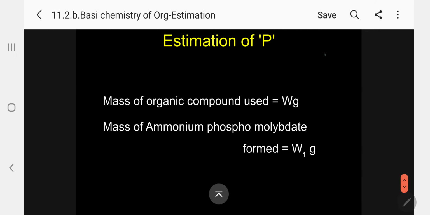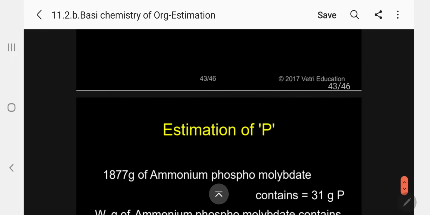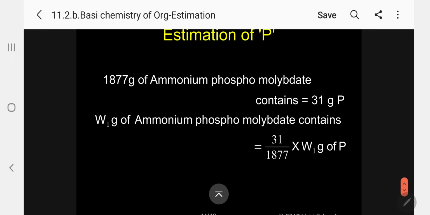So let me come to estimation of phosphorus. The mass of organic compound is W gram, and the mass of ammonium phosphomolybdate formed is W1 gram. The calculation is very simple.